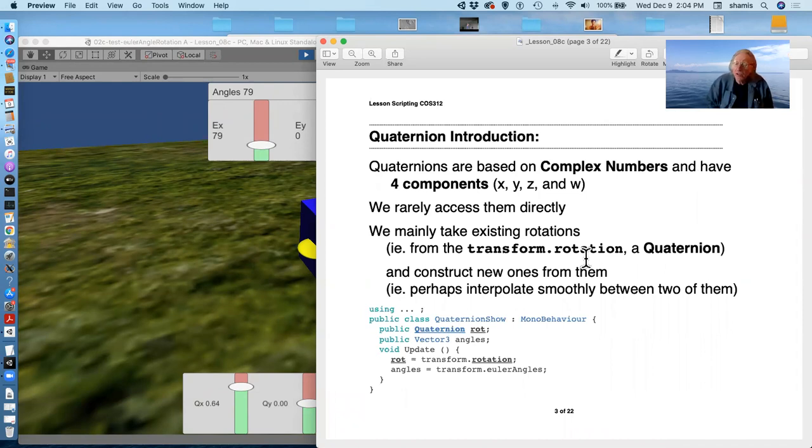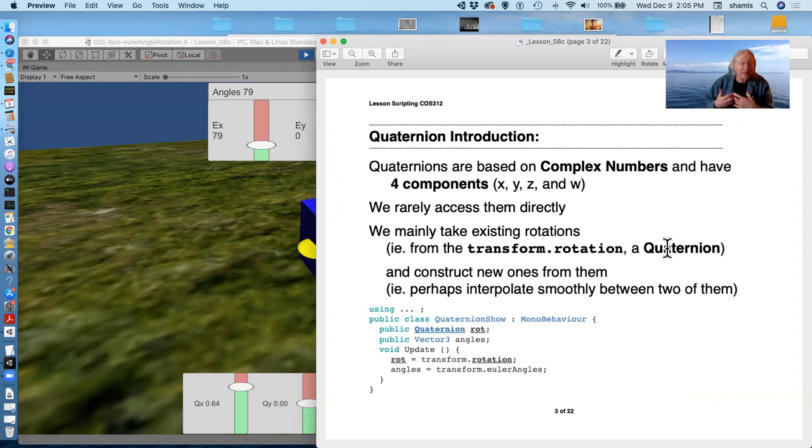Quaternions are based on complex numbers, and they have four components, and we refer to these as X, Y, Z, and W. And only very rarely would we access these components directly, because you've got to know a lot about what's going on in order to do it. Mainly what we do is take existing rotations. So for instance, transform.rotation is a quaternion.